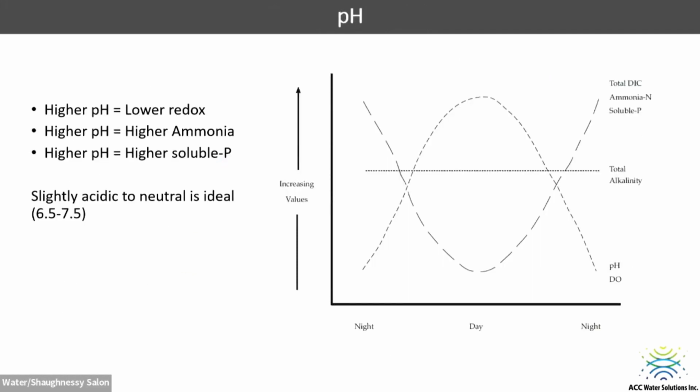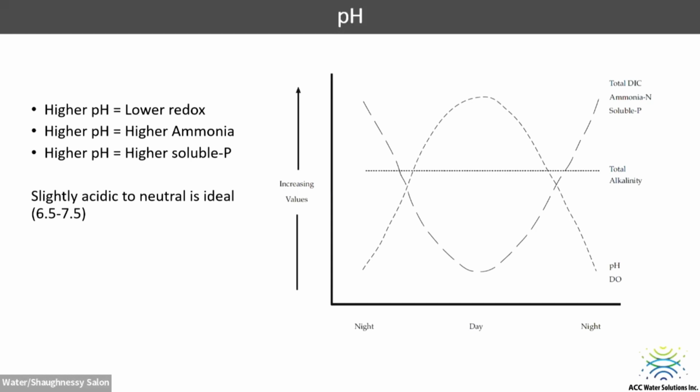pH is one of the major parameters that affects all the metals released from sediments to the water column. High pH means low reduction happening. Higher pH also means higher ammonia. Ammonia exists as ammonium and ammonia.